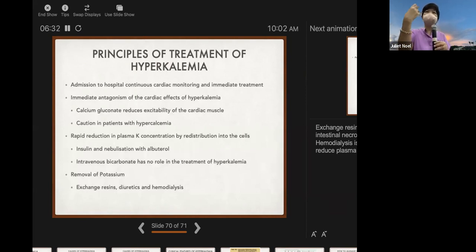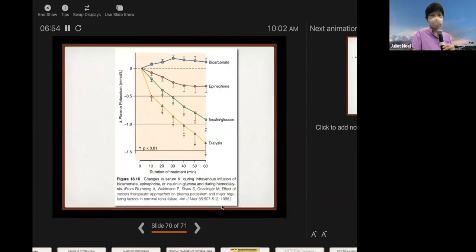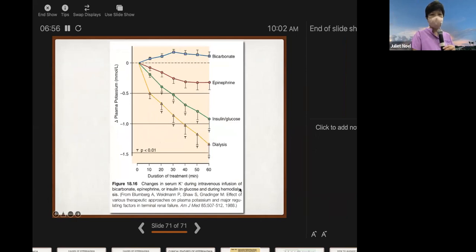So you have to give first the emergency medications. So the calcium gluconate, then the insulin. So you give D50 with insulin if you think the glucose is low. If the patient is diabetic, just give insulin and monitor the sugar. So that's the duration of the different effects.